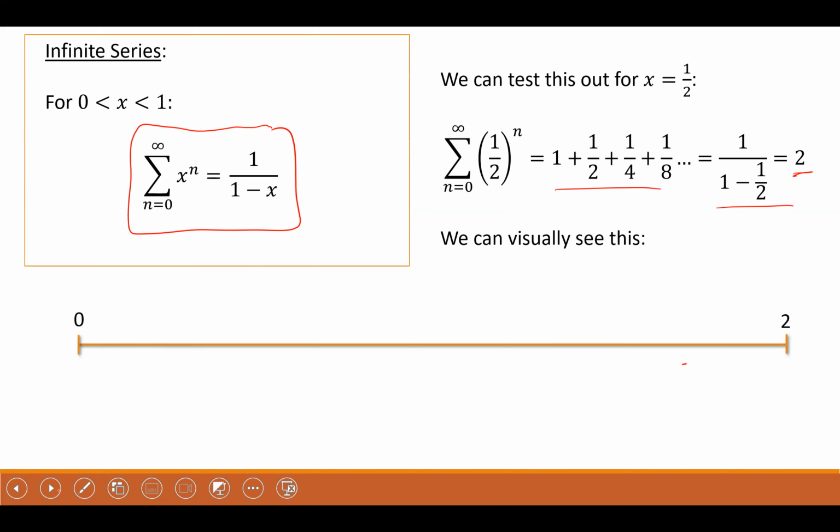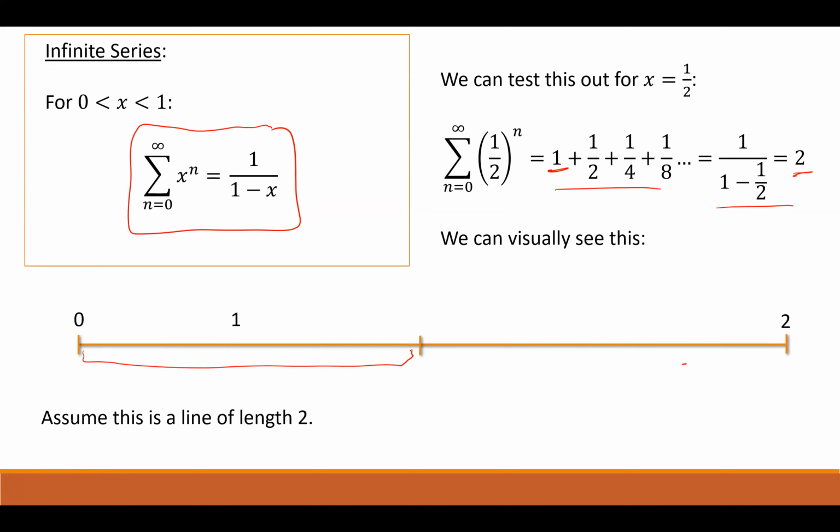I can make a number line between 0 and 2, and I'm going to start by adding 1. So I take this much here, and then to that, I'm going to add 1/2.